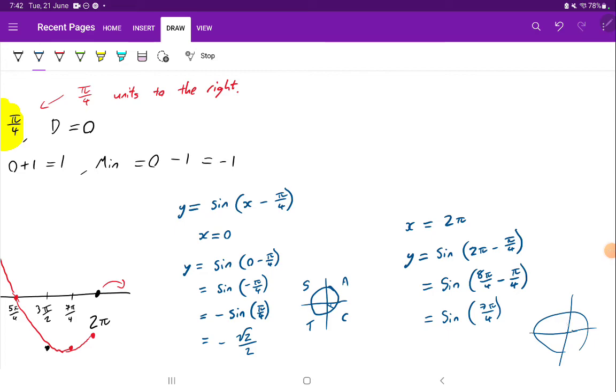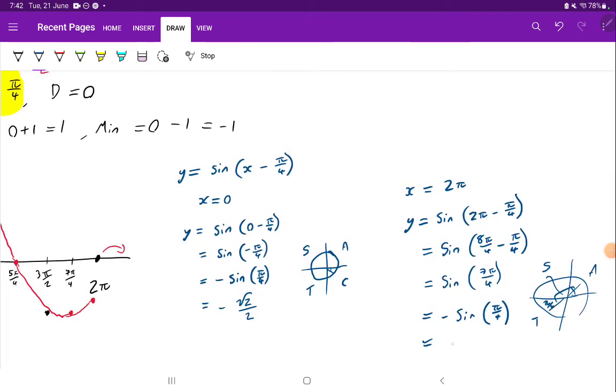So 1, 2, 3, 4, 5, 6, 7. So it's going to be down in this quadrant, which is the fourth quadrant, so it's also going to be negative. And the reference angle here is going to be pi on 4. So it's going to be negative sine pi on 4. So it's going to have the exact same value as the other one. So it's going to be negative square root of 2 on 2.